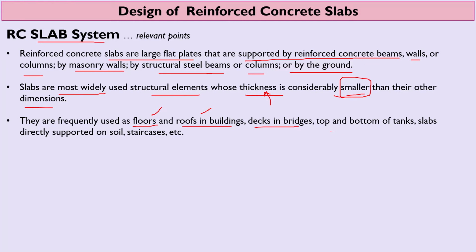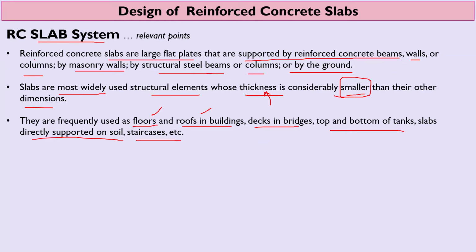And the top and bottom of a tank, if there is any water tank, then the base of the tank will also be a slab, as well as the top, that is the covering of the tank. Slabs can be directly supported on soil, just like staircases, etc. So they can be directly supported by soil, or they can be supported by any type of beam, walls, etc.